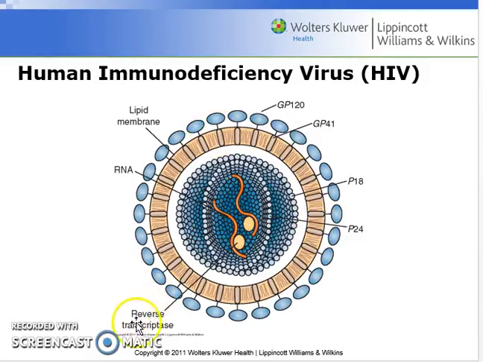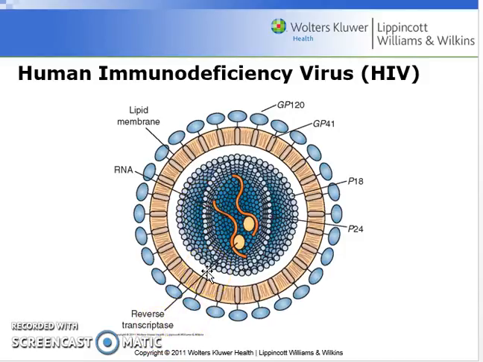There's also an enzyme known as reverse transcriptase, which is very interesting because reverse transcriptase will allow this RNA to be transcribed into DNA, which, if you remember, is counter to the central dogma theory, which states that DNA is converted to RNA. Well, HIV contains reverse transcriptase, and so this RNA will be converted to DNA.